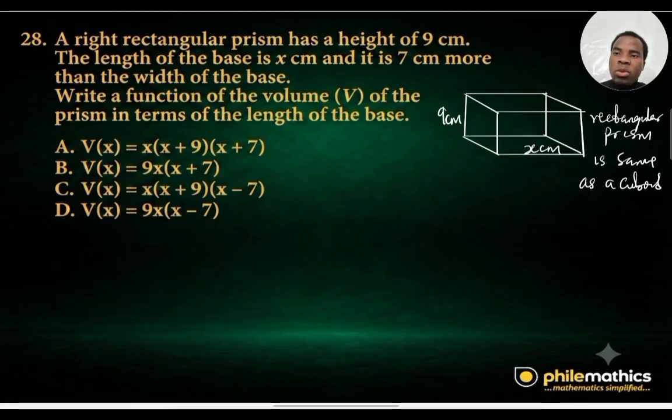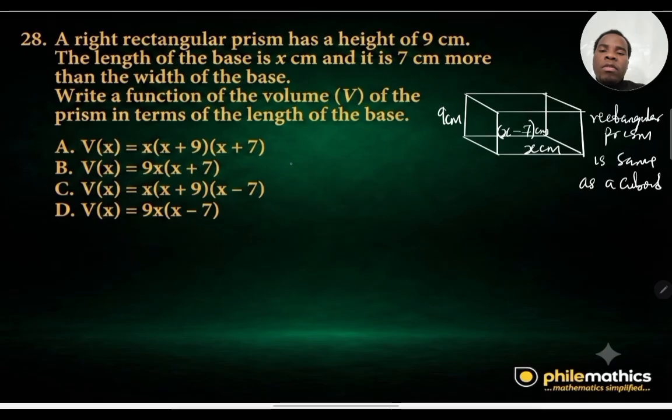That's what we'll simply do here. The length of the base is x cm and it is 7 cm more than the width of the base. It means the width of the base will be subtracting 7 from the length of the base, which means the width is x minus 7 cm.